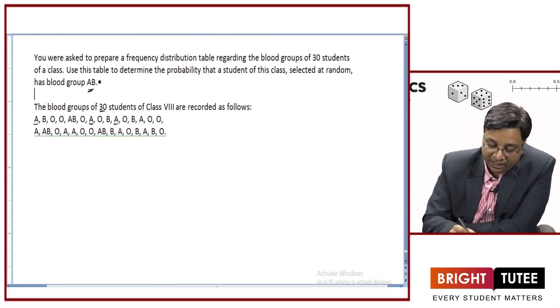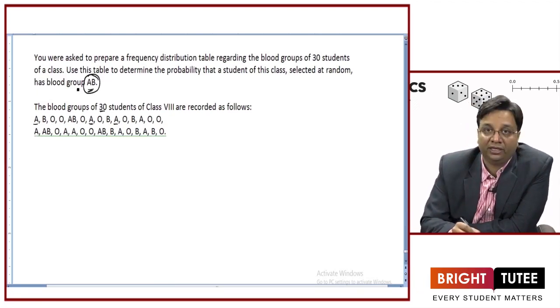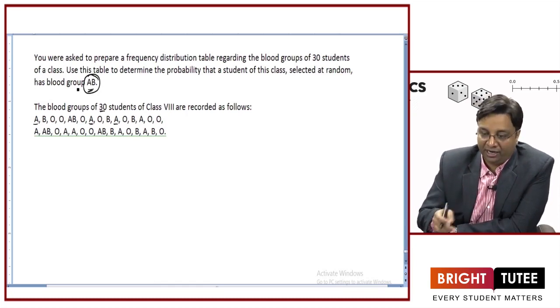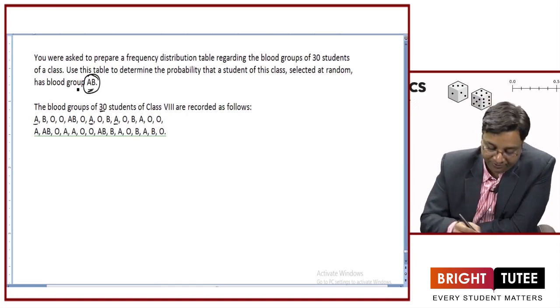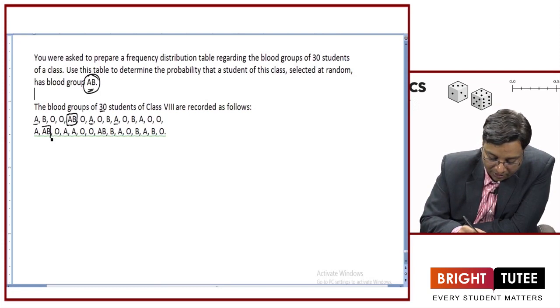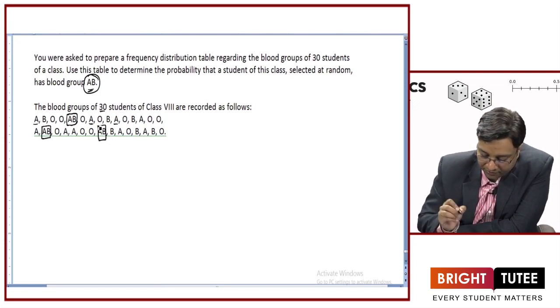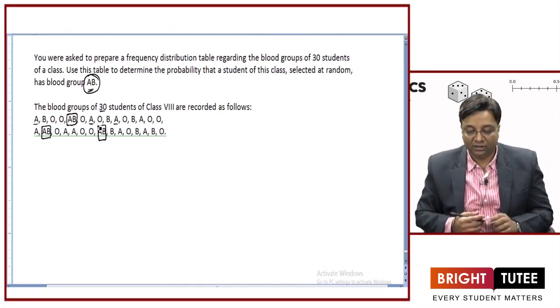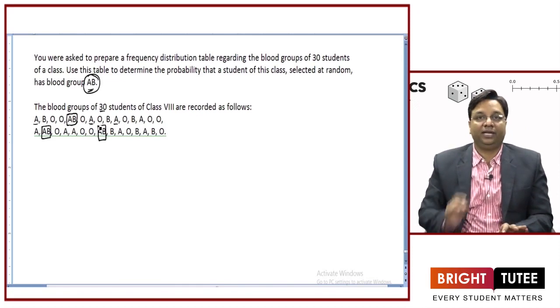We are concerned about blood group AB. So how many students have got their blood group as AB out of these 30 students? One student has got blood group AB, another student, one more student. So I have found 3 students out of these 30 students have got blood group AB.